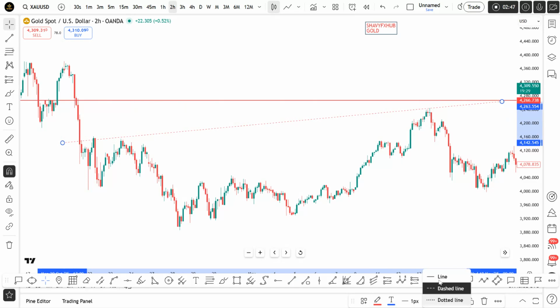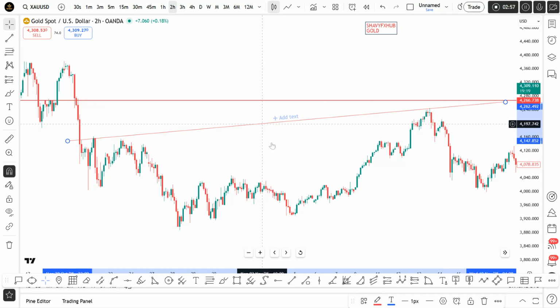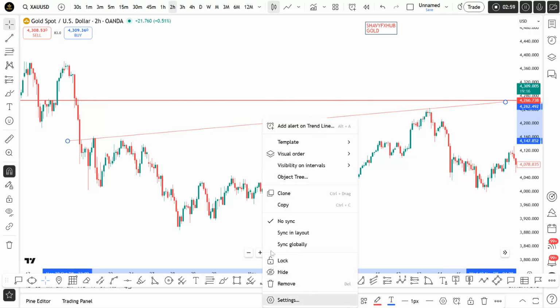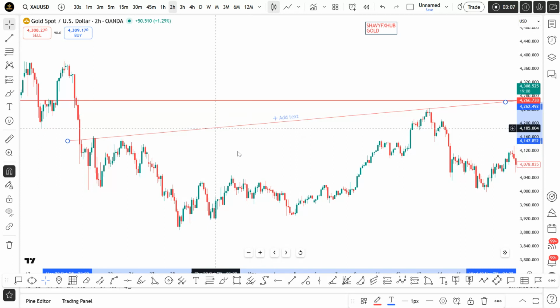So we are going to watch it to see. This is just for reference. So we're going to watch it to see what price does when it gets to this level. So let's watch and see what price does when it gets to this level.